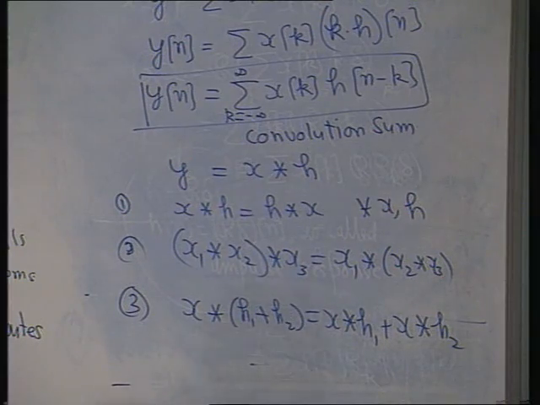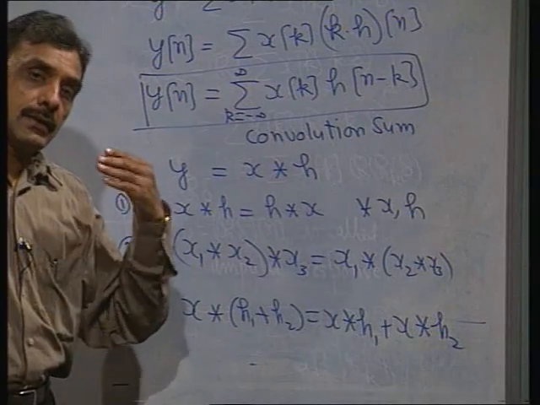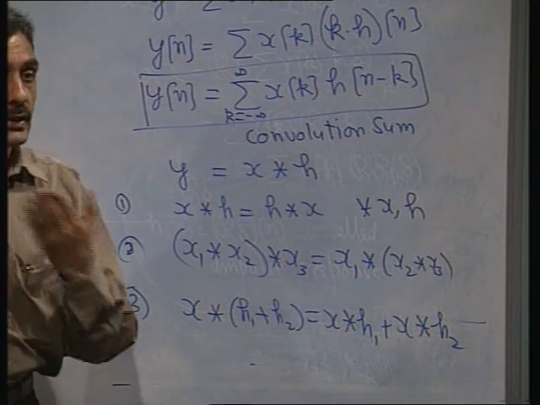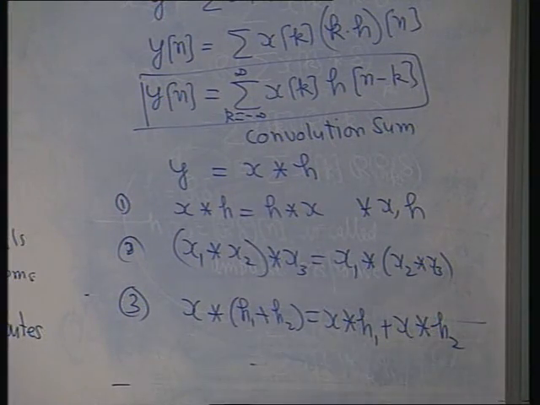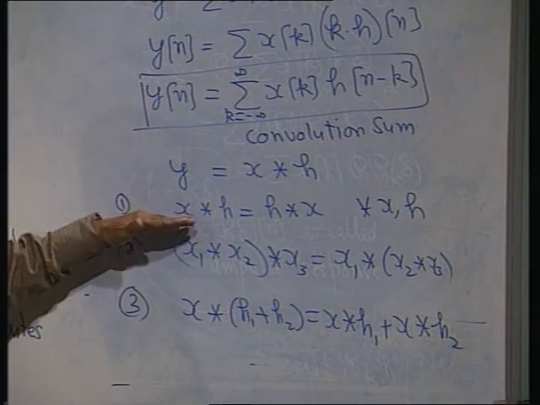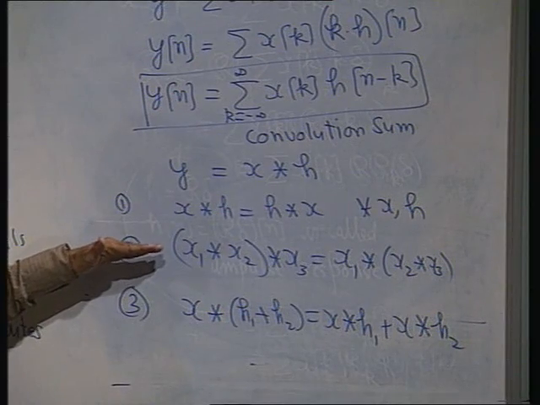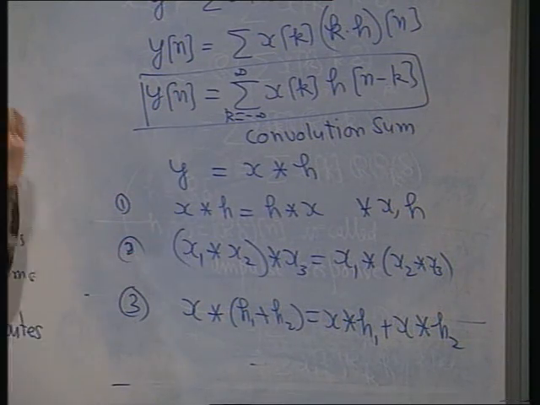So h, the impulse response of the system, completely characterizes a linear time invariant system. The knowledge of h is sufficient to know all the details about an LTI system. And we also saw that convolution is a commutative, associative and distributive operation.